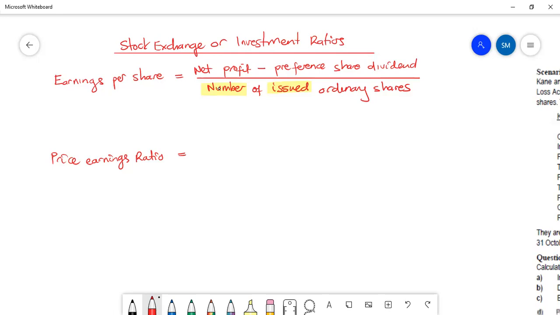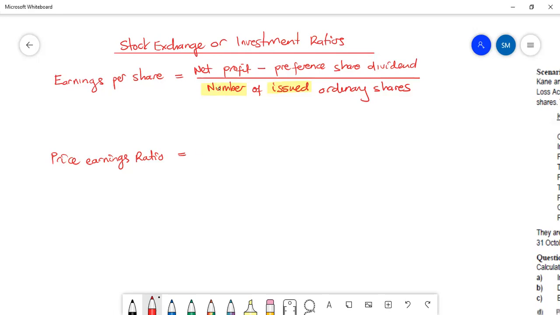You are told what the market price of a share is on the stock exchange. So you divide that by your earnings per share, the one you have calculated on top. So it's usually a function of that first ratio that we calculated.